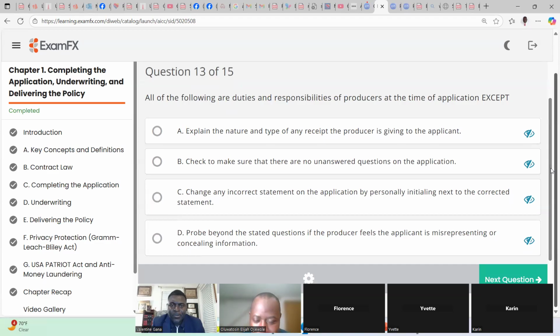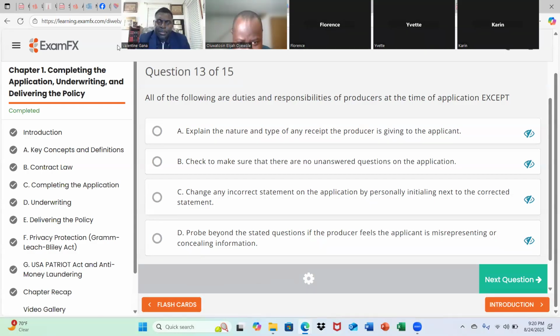All of the following are duties and responsibilities of producers at the time of application, except: explain the nature and type of any receipt the producer is giving to the applicant; check to make sure that there are no unanswered questions on the application; change an incorrect statement on the application by personally initialing next to the corrected statement; probe beyond the stated questions if the producer feels the applicant is misrepresenting or concealing information.